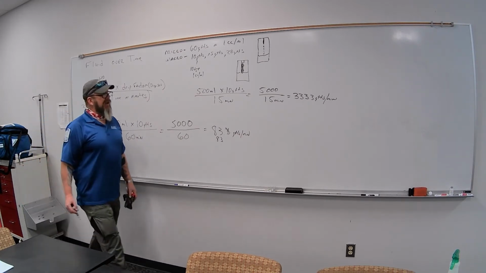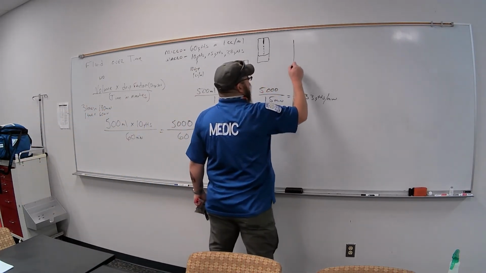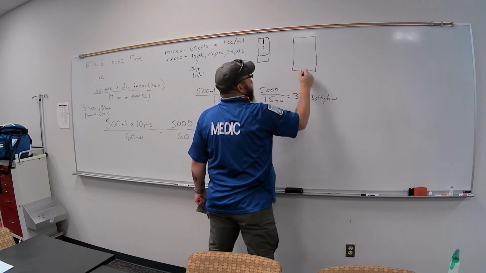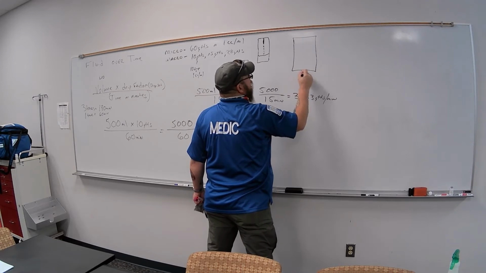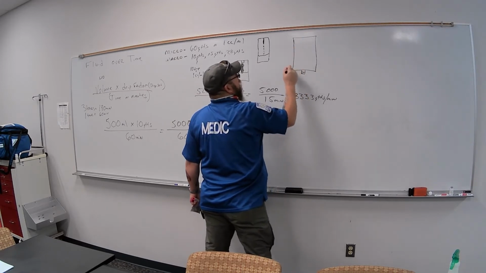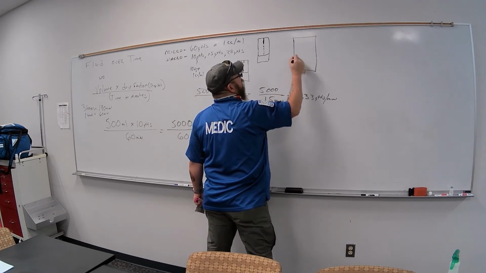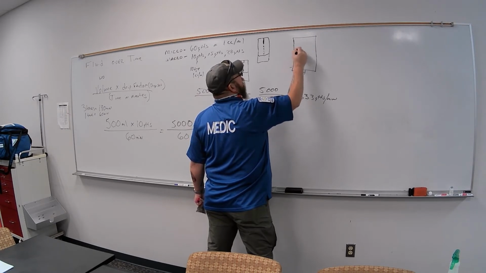We can look at the bag, right? Say we got a 1,000 cc bag here, right? And it's going to say 100 here, 200, 300, 400, 500, 600, 700, 800, 900.